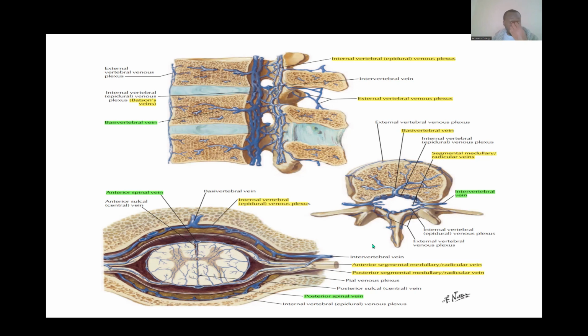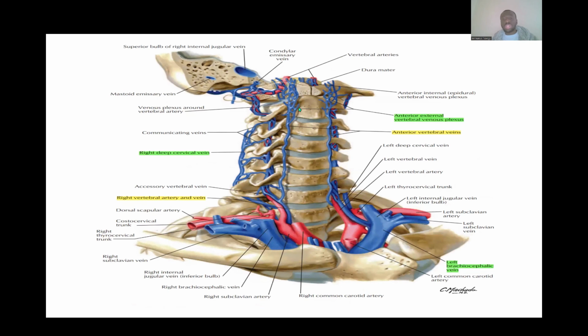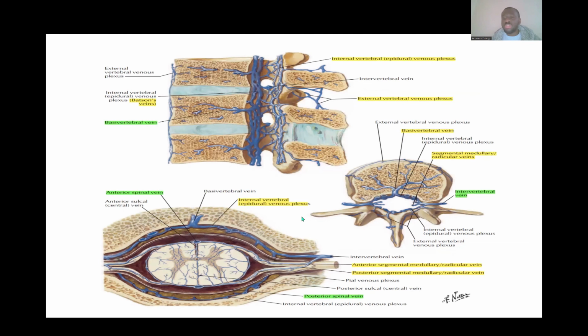The external plexus, with anterior and posterior plexi, forms the anterior and posterior vertebral veins that eventually drain into your brachiocephalic veins, then to your superior vena cava and then to the heart. So you don't need to know every detail or the name of all the veins. You just need to understand how the venous flow happens.